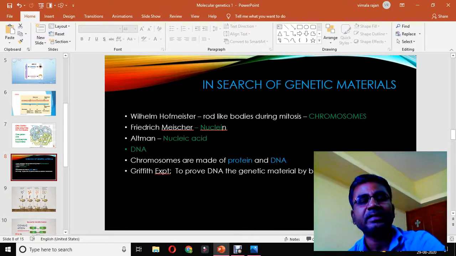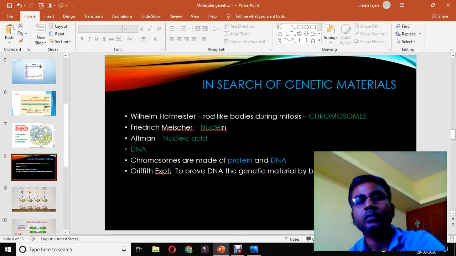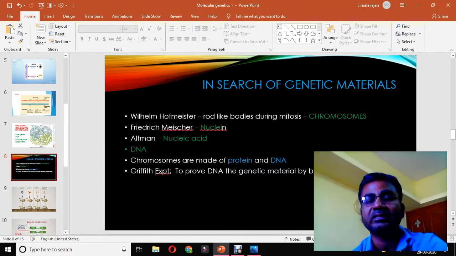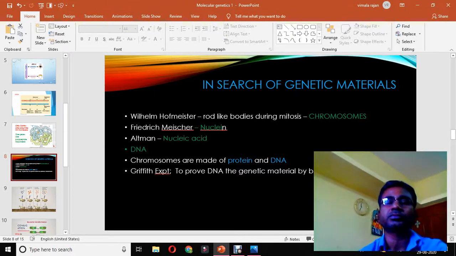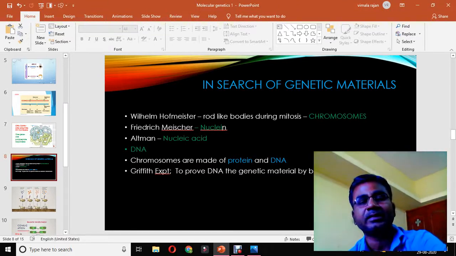First, a scientist named Wilhelm Hofmeister separated the rod-like bodies found in the cell during cell division, and he named them chromosomes. So the rod-like bodies formed during cell division were first isolated by Wilhelm Hofmeister.